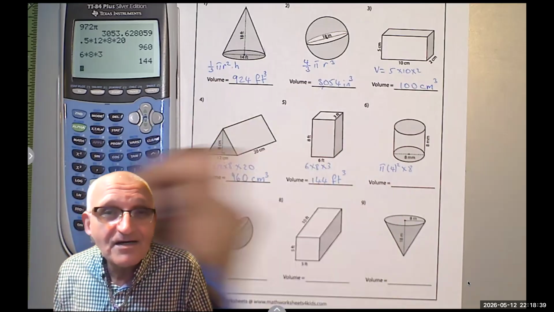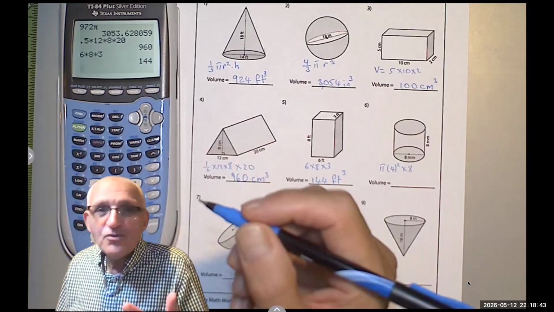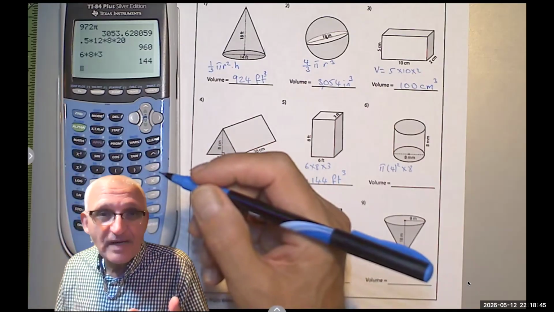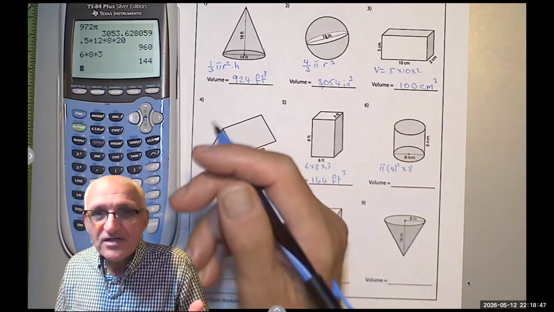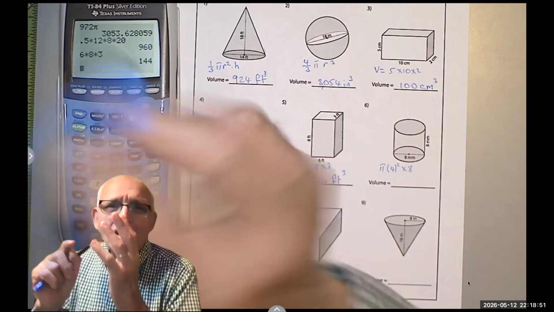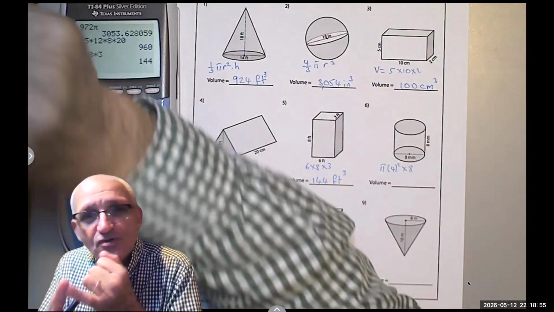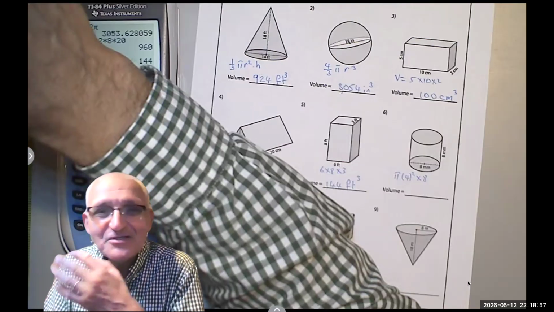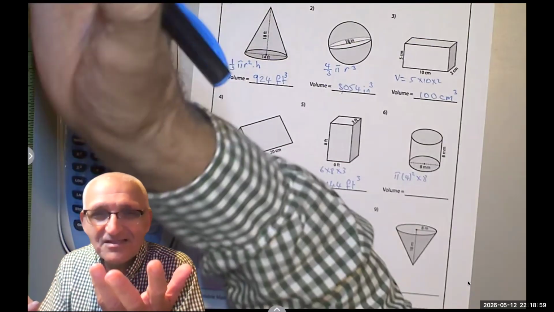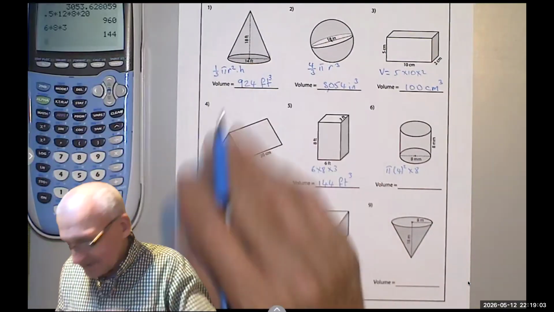If you know the area of the triangle, and you know something we call the centroid or the center of mass, you can easily find the volume. If you know any two of those, so if you know the area and the volume, you can find the center of mass. If you know the volume and the center of mass, you can find the area, which is ridiculous that you know the volume and not the area, but it's so easy.